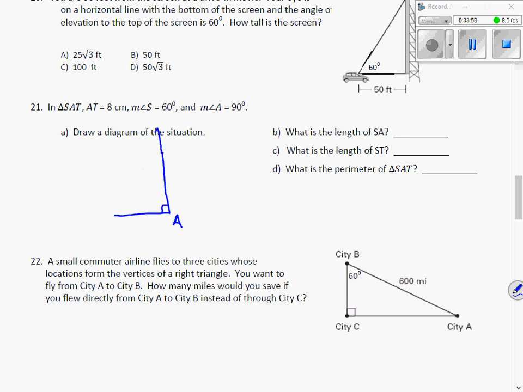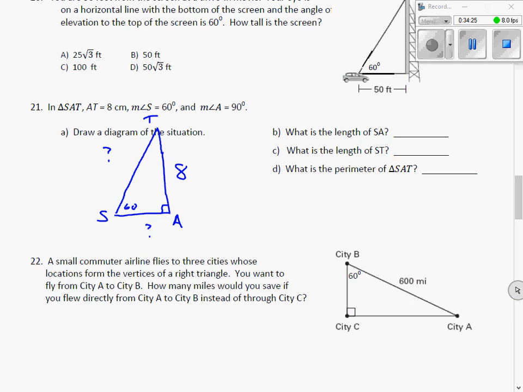A little higher. About that. S is 60. AT, this is T. AT is 8. What is the length of SA? What is the length of ST? What is the perimeter?